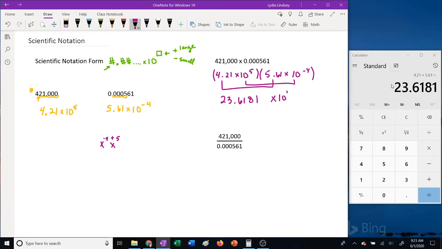Now if you notice, this actually does not have the form that we normally say we need for scientific notation. This decimal is actually in the second position and not the first. He needs to be able to move back over here. Now if you recall, when we were changing into scientific notation, when I moved to the left, I had a positive value, whereas if I moved to the right, I had a negative.